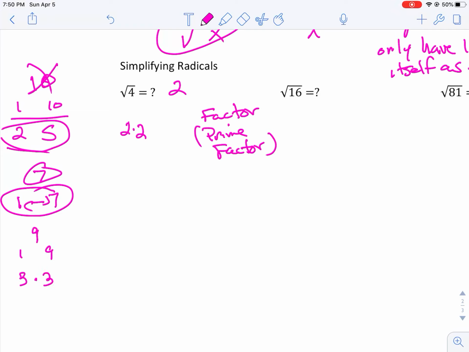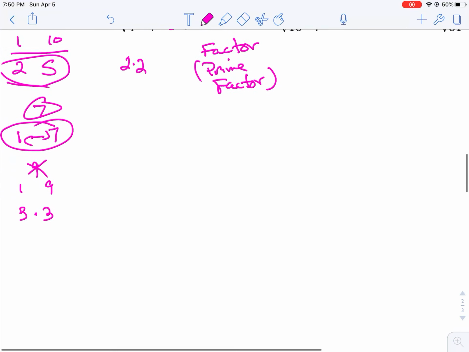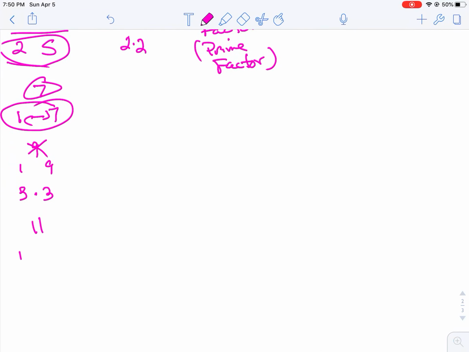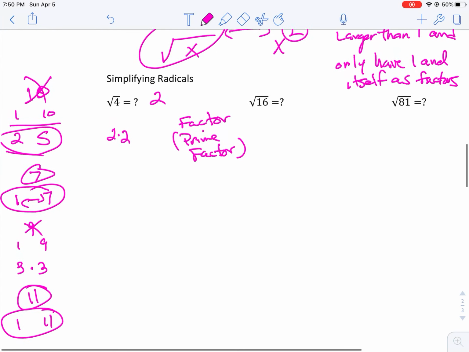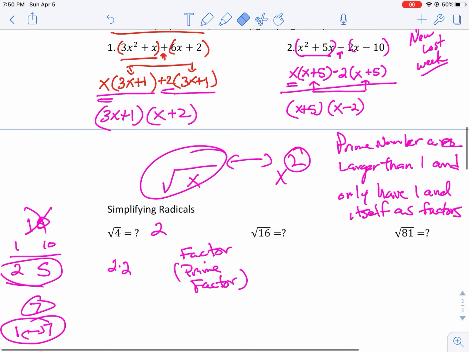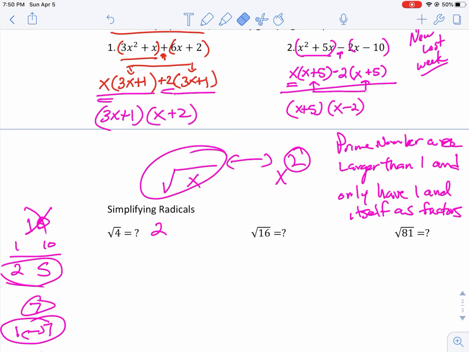The number 9 is 1 and 9, 3 times 3, so this is not prime. The number 11, 1 and 11, that's it. This is prime. So what we want to do is always look at taking the number on the inside, that 4, and breaking it down to its prime factors. And you'll see it'll be more than 2 numbers.